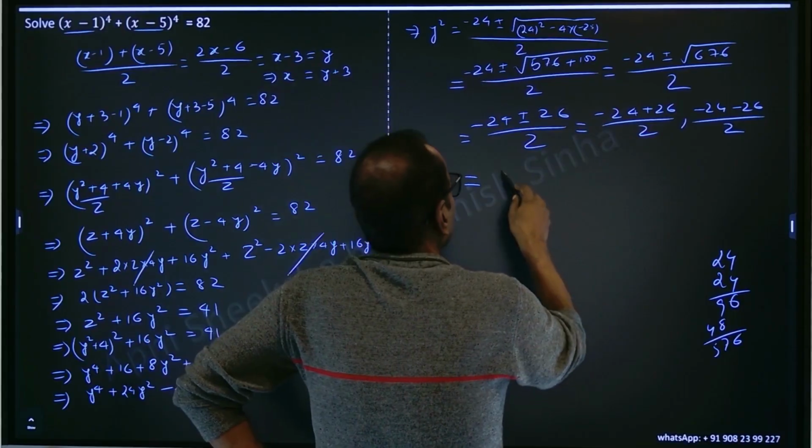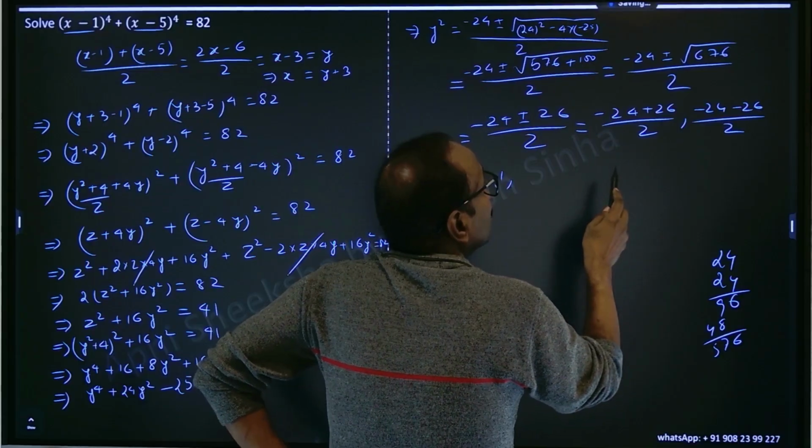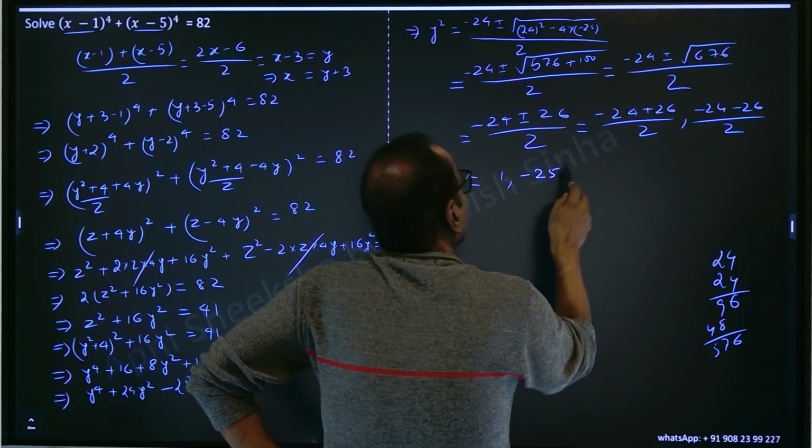So 2 by 2 is 1, and 50 by 2, so minus 25.